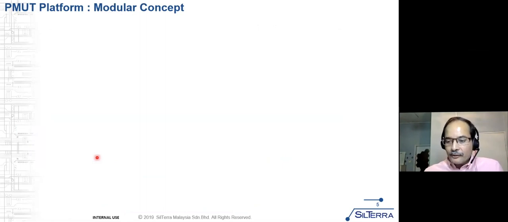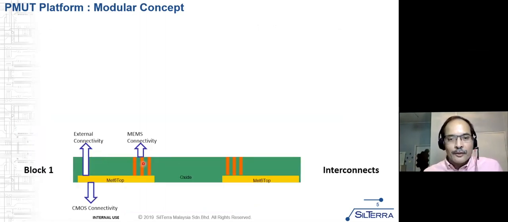In order to address the different market segments for ultrasound, we adopted what we internally call a PMUT platform, which is a modular concept. To explain this in very simple terms, you can imagine these are like Lego building blocks.